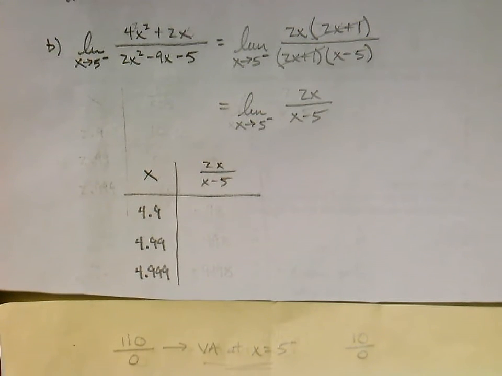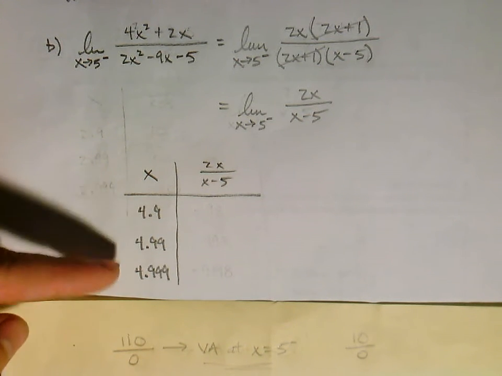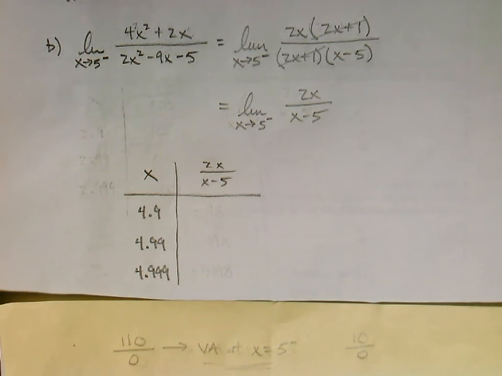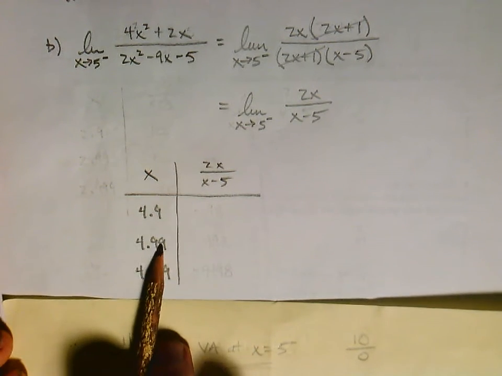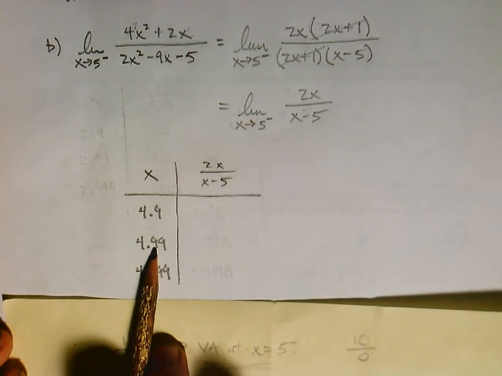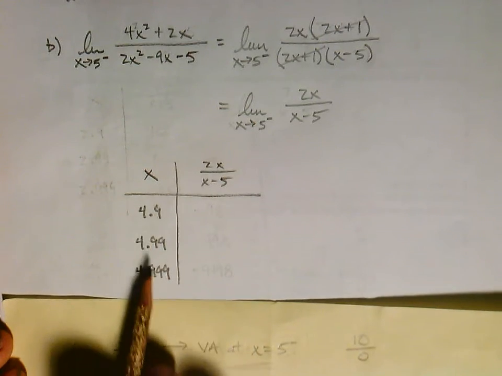Some people at this point in the class, they ask, after seeing the last example, do we really need to plug in all 3? Can I just plug in one of these and tell from that if it's positive or negative? No, don't do that. I like the word, the motion of the function. We don't just want to get one snapshot of it at one value because we have no idea what's going on around.